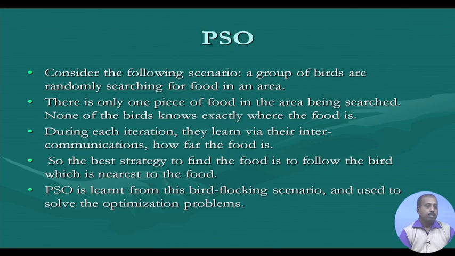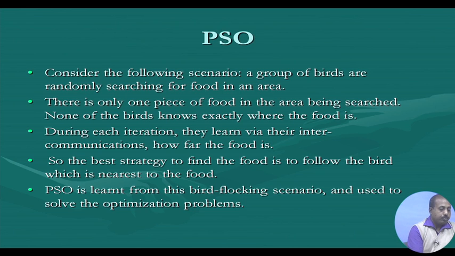It was flying in some direction, so it cannot change immediately. So, it has some inertia. They will be guiding the flying direction of a bird, or in our case the change in the solution.